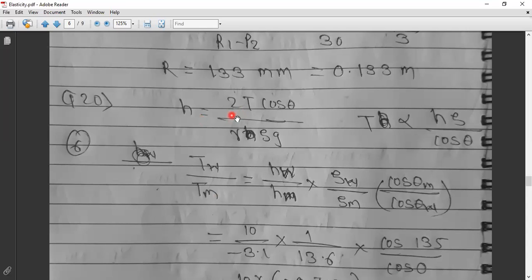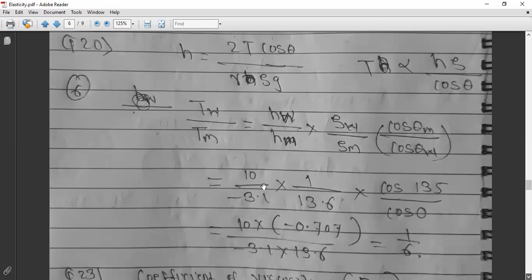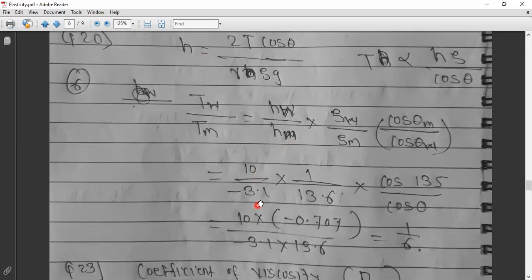So write down this equation for the water and the mercury. We get the surface tension is proportional to h rho and inversely proportional to cos theta, because theta value is also given. So write down this ratio. Height is directly proportional, density is also directly proportional, but this cos theta is inversely proportional. So whatever the given things, height in water 10, height in mercury 3.1, the density of water is 1, the density of mercury is 13.6.